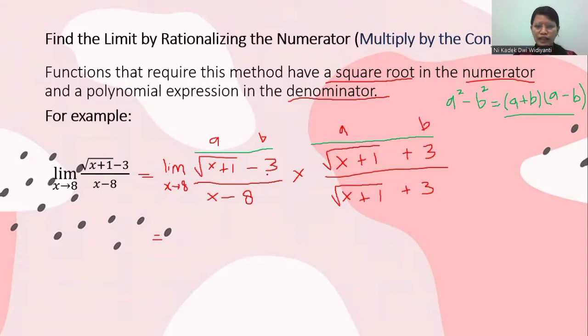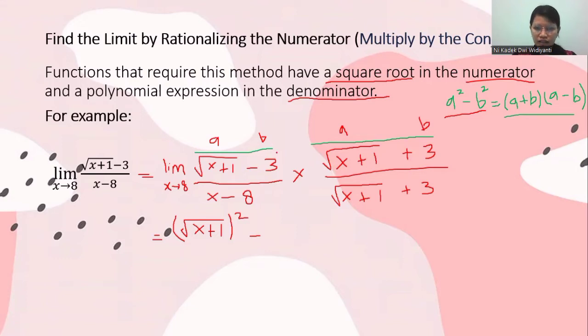Square root of x plus 1 minus 3, multiplied by the quantity of square root of x plus 1 plus 3, is the square root of x plus 1 squared, which is x plus 1, minus b squared.